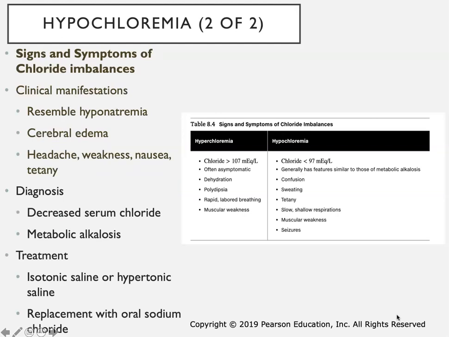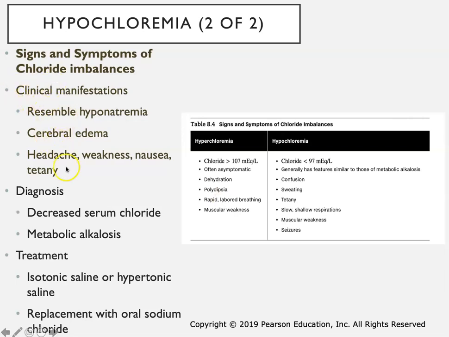On the left-hand side is a listing of signs and symptoms of chloride imbalances, and the signs and symptoms listed at the top refer to this table, which shows both hyperchloremia and hypochloremia. I already listed some of the symptoms of hyperchloremia a couple of slides ago.